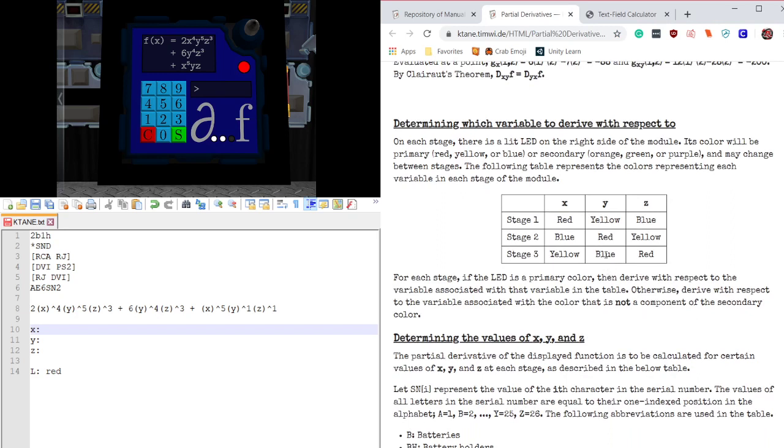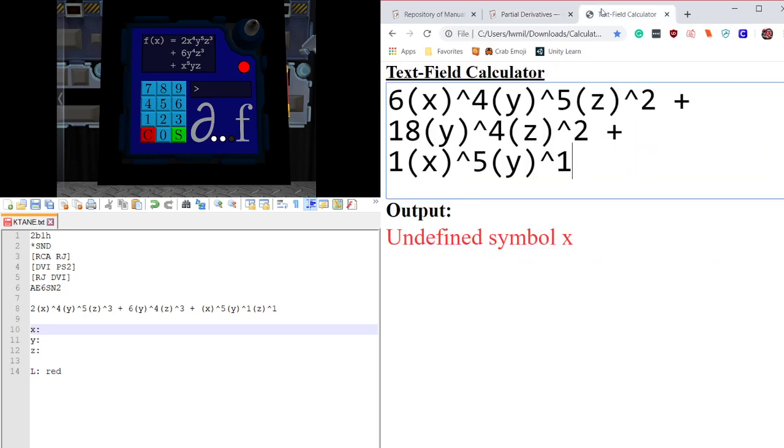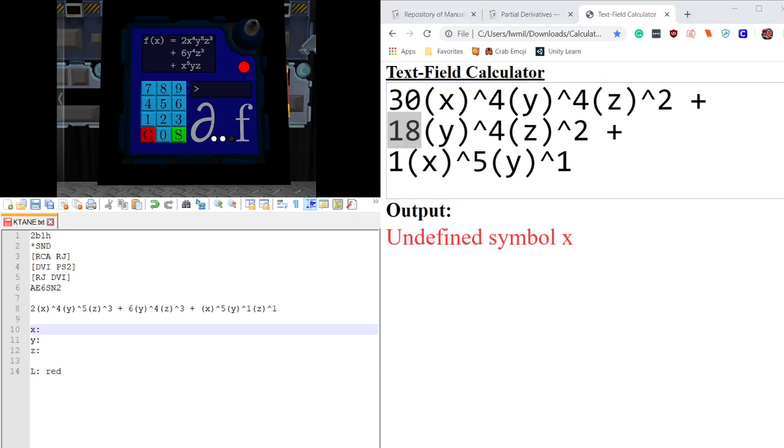Now we're deriving to the red variable, which is Y. Stage 2, red, Y. So we have 5 times 6 is 30. 5 minus 1 is 4. 4 times 18, don't know off the top of my head, 72. 4 minus 1 is 3. 1 times 1 is still 1.